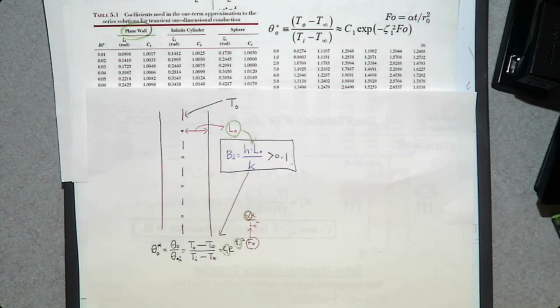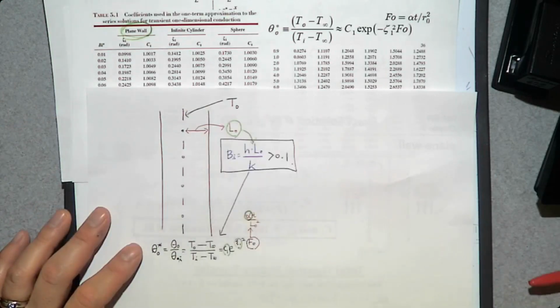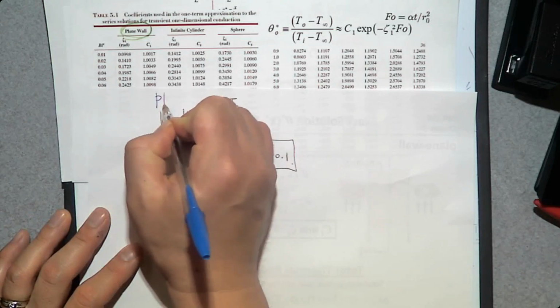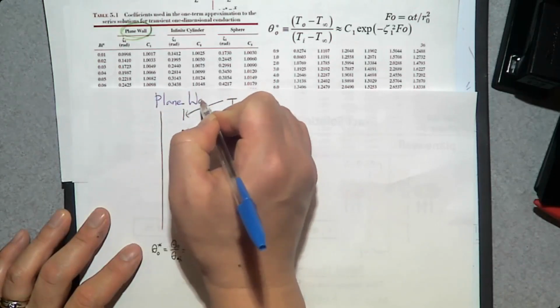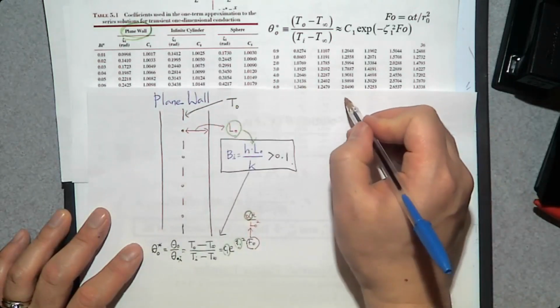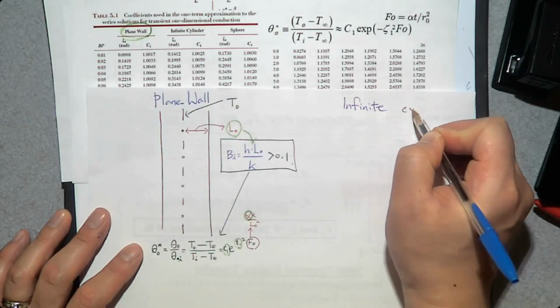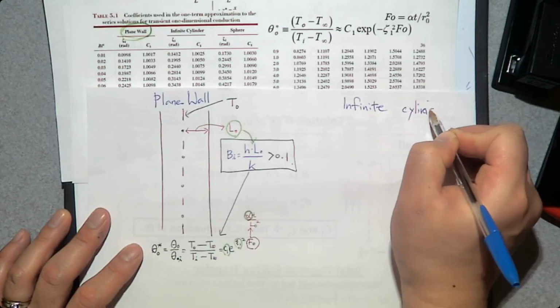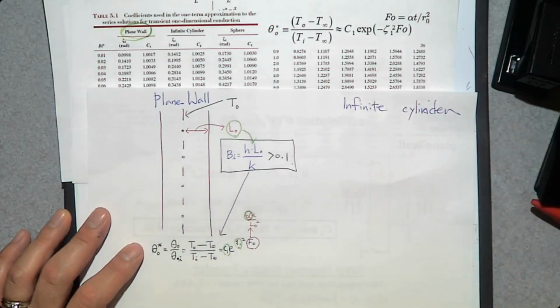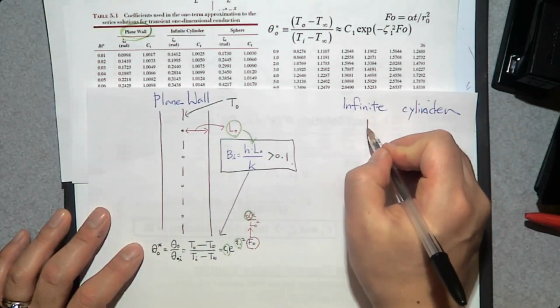And there is another geometry. The first one, by the way, is the plane wall, and the second one is the infinite cylinder. This one looks similar.